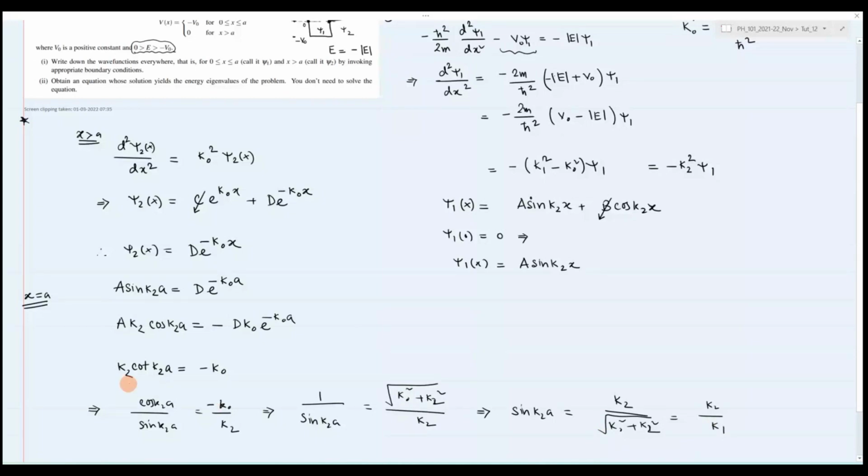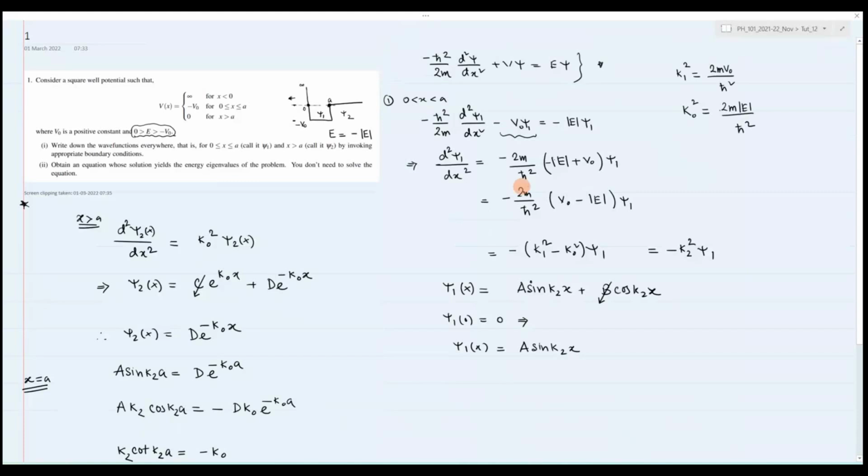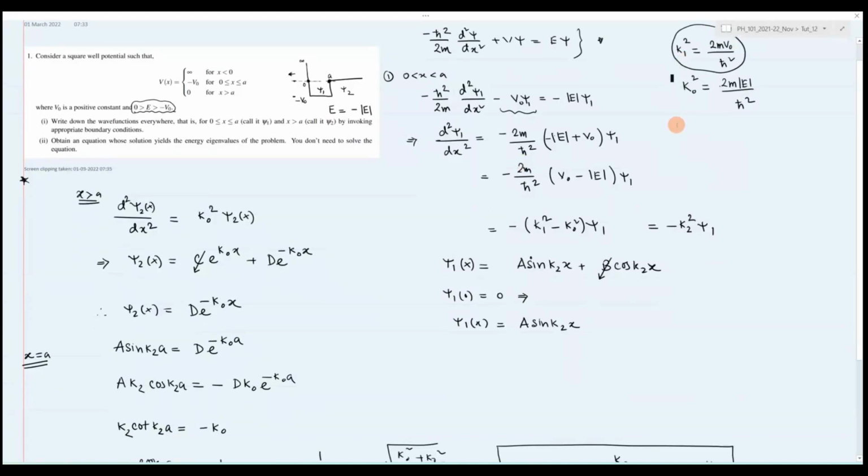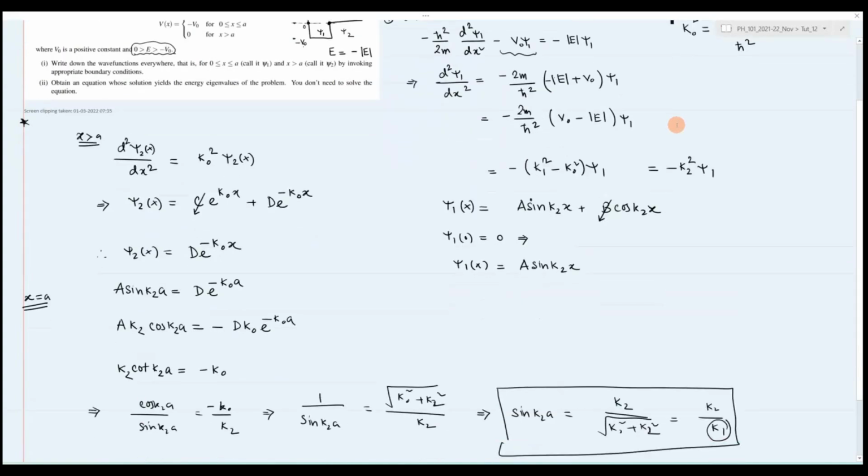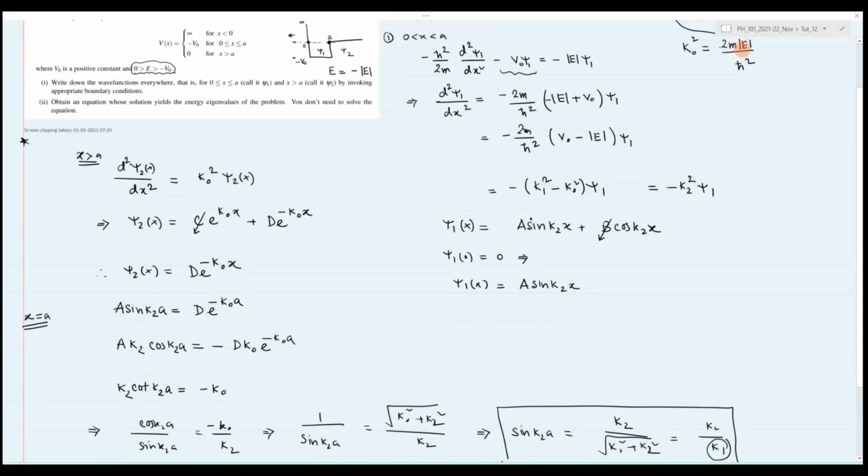So finally what we get is our k2 will follow an equation like this: sin k2a equal to k2 by k1, where our k1 is a constant. See here, our k1 is definitely a constant, but our k2 is a variable, right? Because k2 is having the energy term inside.